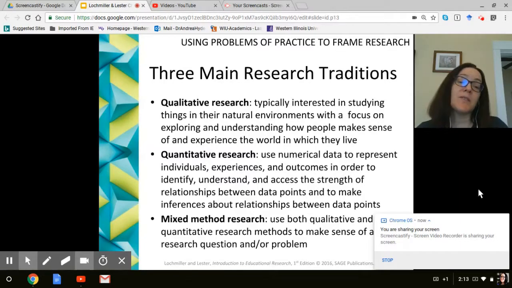There are entire books devoted to it, and some people view it as something very different at the level of paradigm, and we'll talk about what a paradigm is in a little bit. So mixed methods research could be thought of as a very pragmatic kind of research that uses both qualitative and quantitative methods, or it could be a design that actually takes a look at different levels of understanding.